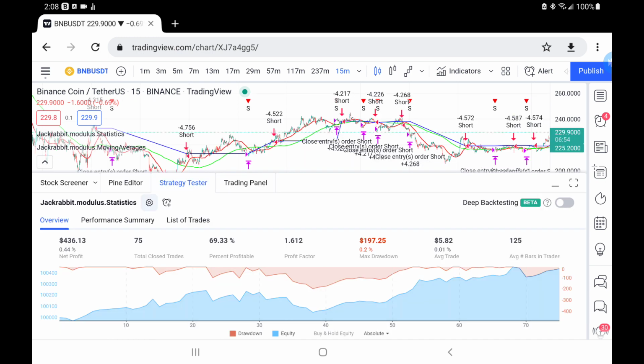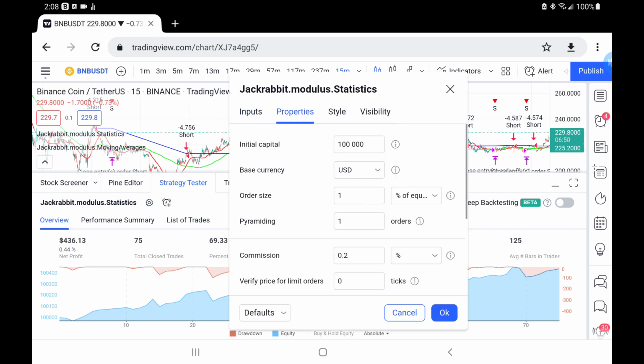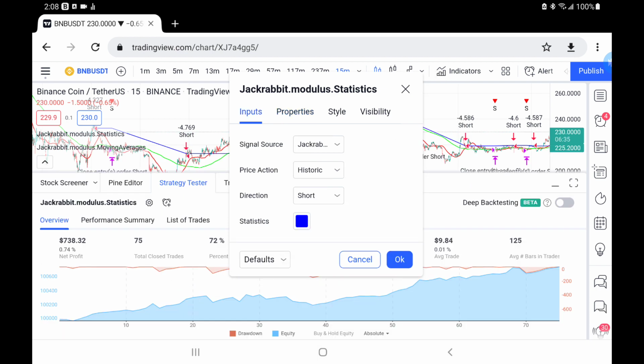Your fees are your biggest detriment when it comes to trend following. If you had no fees whatsoever, look at the difference. That's quite substantial.